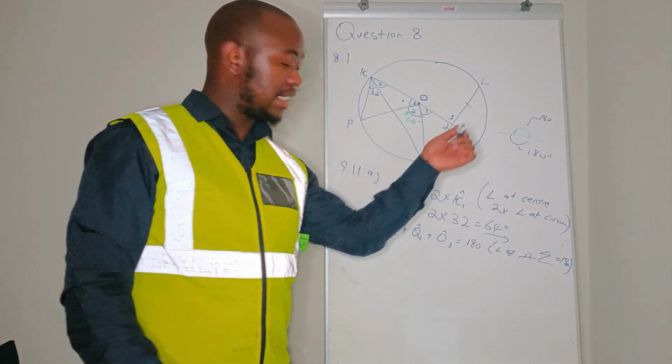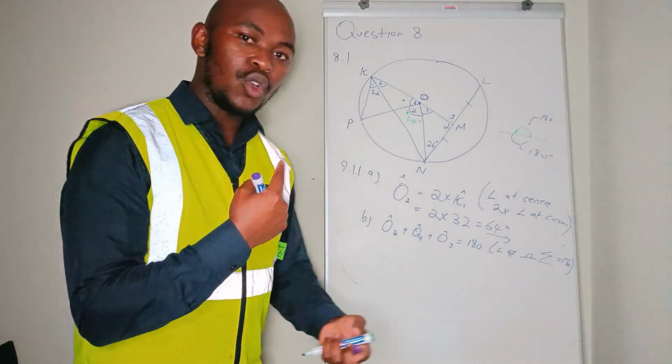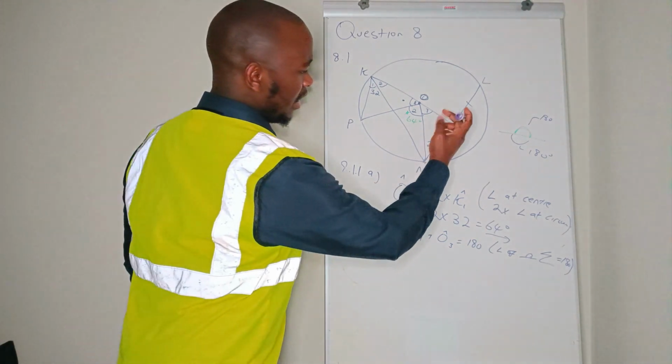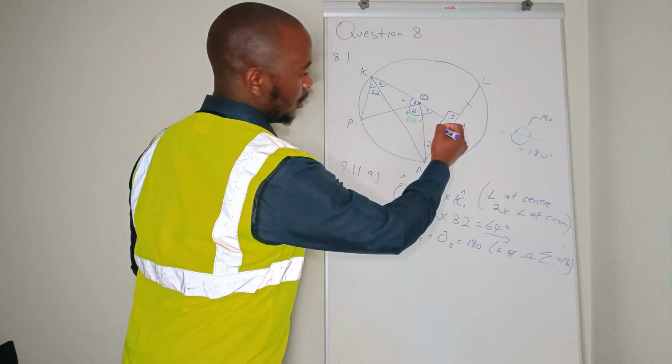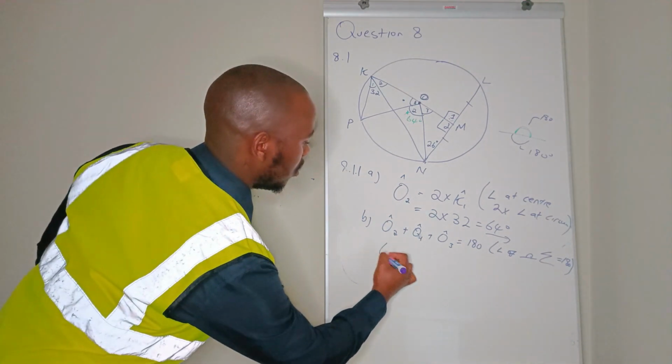But what we see here is that the chord is already bisected and we don't have any angle in here. So we can work in reverse to say that this angle here is definitely 90, this one is definitely 90. Why?